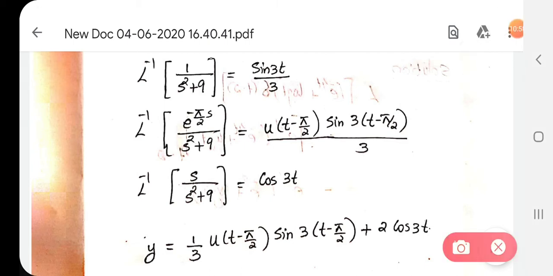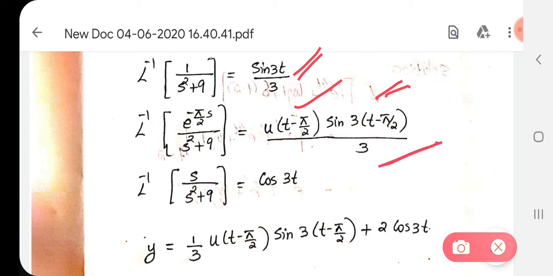So L inverse of e raised to minus pi by 2s by s square plus 9, using the unit step function, is u of t minus pi by 2 into f of t minus pi by 2. Here f of t is sin 3t by 3, so f of t minus pi by 2 is sin 3 of t minus pi by 2, by 3.